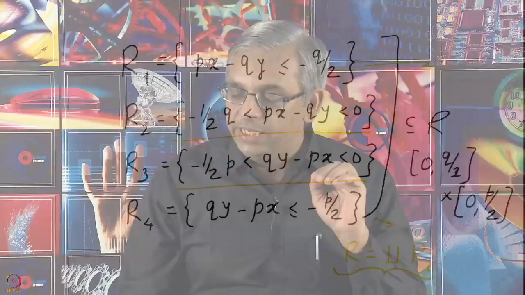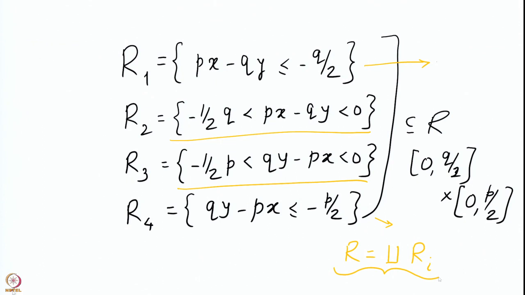But without worrying about the lines, if you are looking at the lattice points, then this union is valid. What we have also seen in the previous lecture is that the number of lattice points in R1 is equal to the number of lattice points in R4. So, there is a bijection between the sets of lattice points in these two parts.